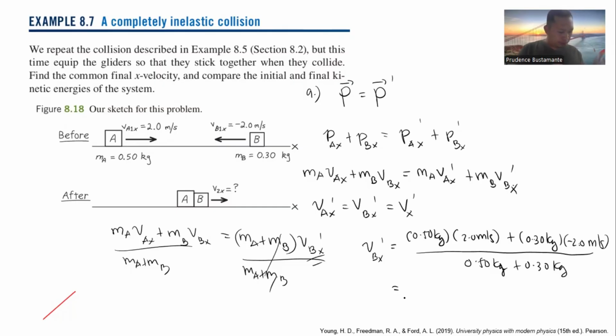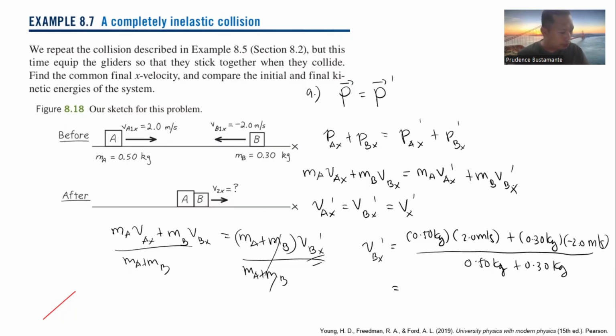Let's try to calculate. 0.5 times 2 plus 0.3 times negative 2, over 0.5 plus 0.3.